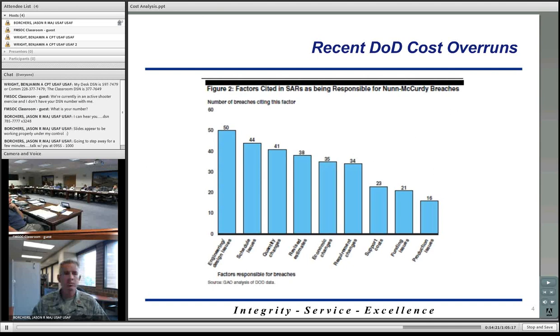What you'll see is, when a program is coming up for review, whether it be a milestone review or something that requires a decision by leadership regarding what to do with a program, you're going to see two different cost estimates happen.